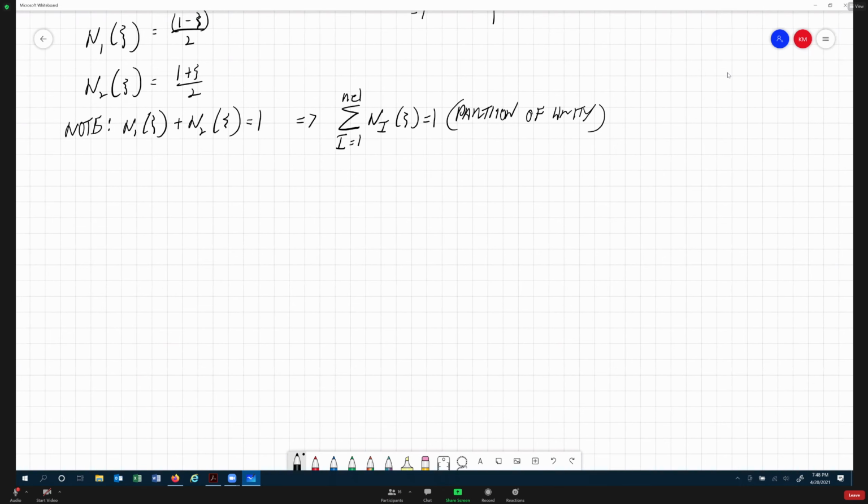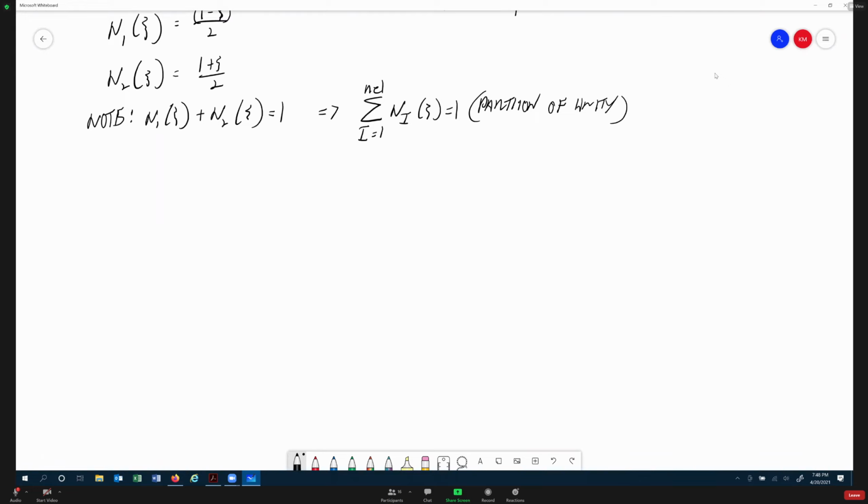So here's another one. Let's look at if nel is equal to 3. So we have a single element. Those are supposed to be evenly spaced.